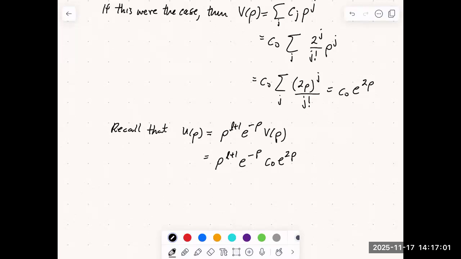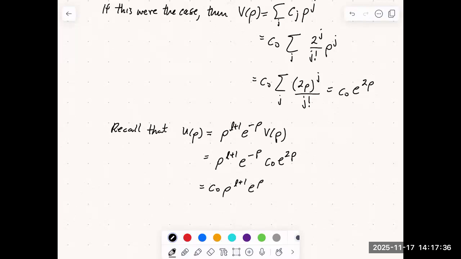Now, there's a point made just at the end of the last class that this V certainly diverges as rho or R gets large. But what really matters is how does the radial part of our wave function behave? Well, I have an e to the minus rho. It's only going to partially cancel the e to the 2 rho here. And so this is going to be like C naught rho to the L plus 1 e to the rho.